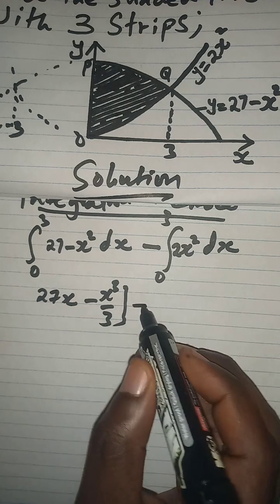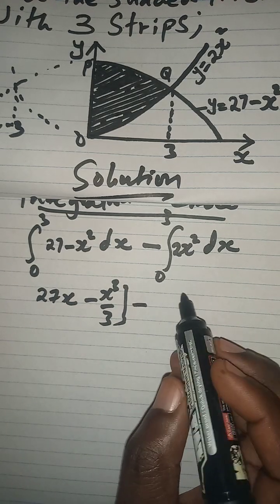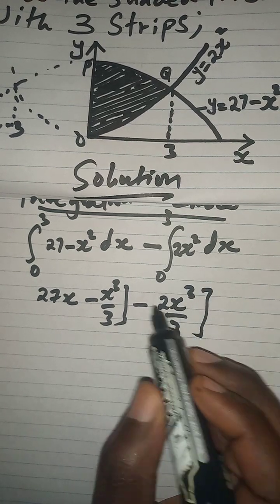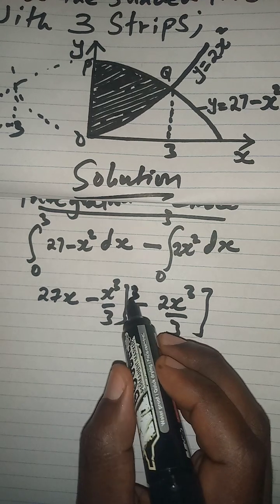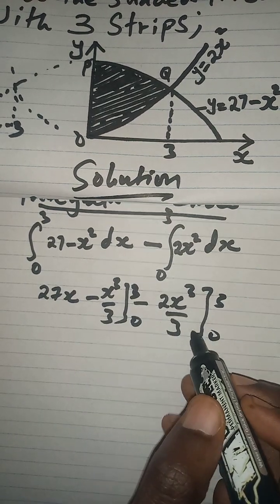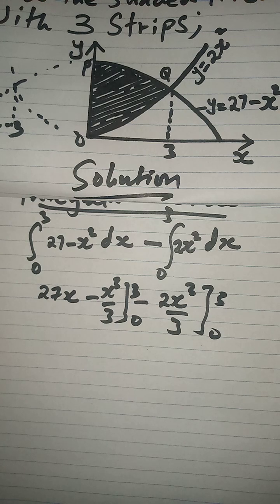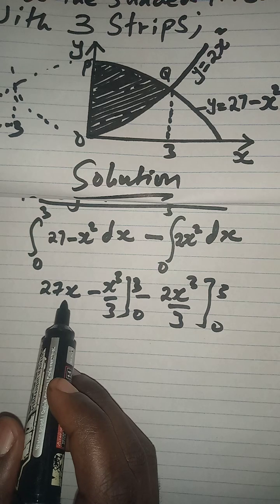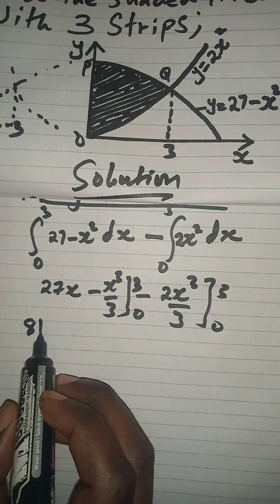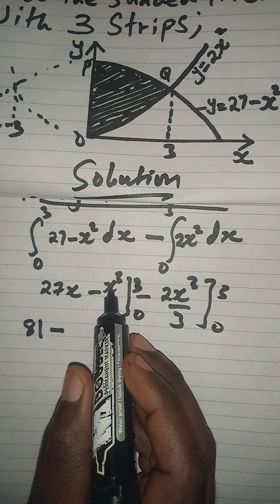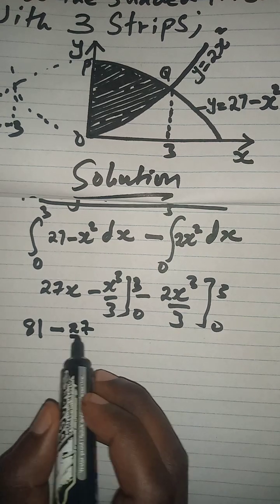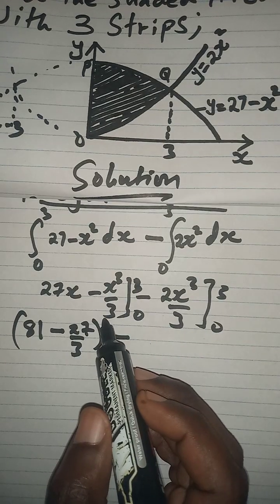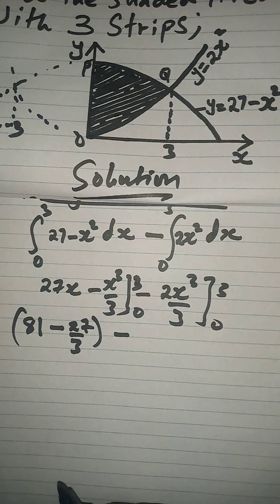Then I subtract on the other side: if you integrate 2x squared, you get 2x cubed over 3, with limits 0 to 3. Substituting 3 in the first, I get 81 minus 27 over 3, and substituting 0 gives 0.